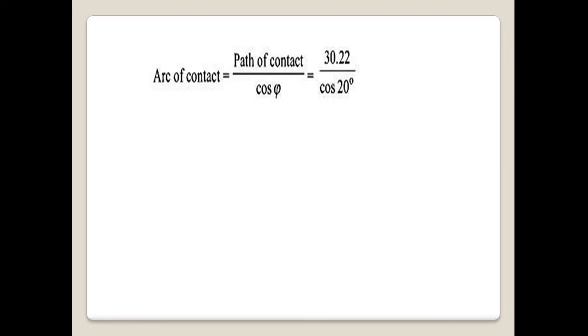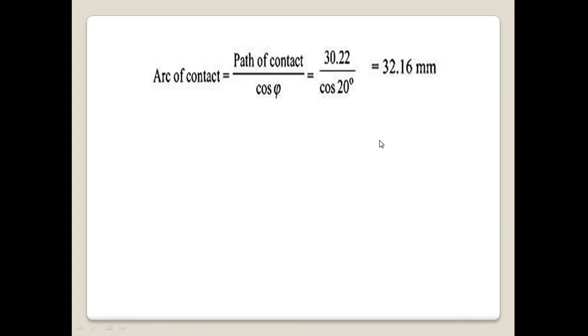In the previous step we already found the path of contact, which is 30.22. Put the value of phi, that is 20 degree. So the arc of contact is equal to 30.22 divided by cos of 20. The value of the arc of contact comes to 32.16 mm.